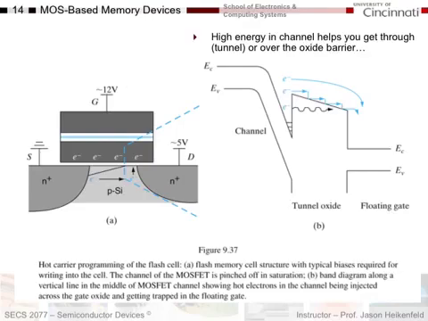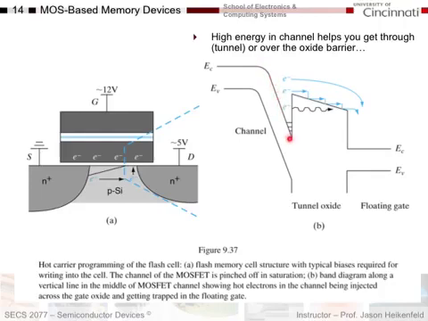Here's a nice diagram from the book showing how you get the charge into the floating gate here. And so here's the oxide, here's the channel. And what they're showing here is that here's my channel. I've got inversion. So this is the opposite as we normally look at it. Here's my channel, here's my floating gate, here's my oxide. So it's reversed left to right compared to how we normally look on it.